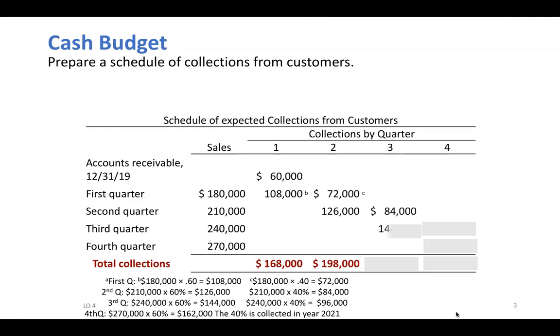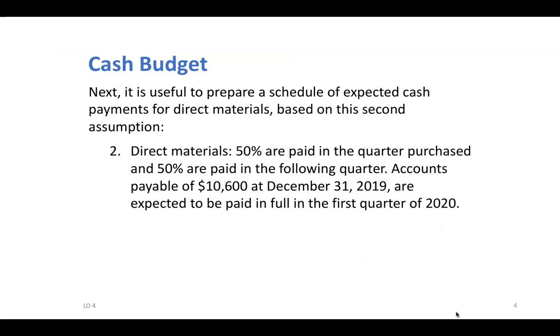Now, the next thing we need to do is show how much of our direct material purchases we pay each quarter. So let's look at our assumptions. What is the pattern of payment to our vendors that we bought the stuff from? It looks like in the past, we always paid half of what we purchased on account in the same quarter that we purchased direct material, and the other half is paid the next quarter.